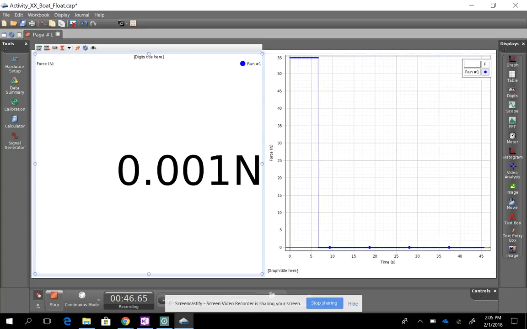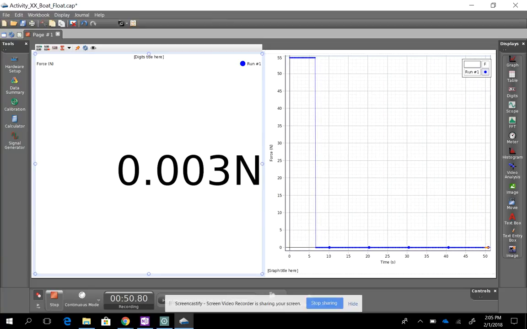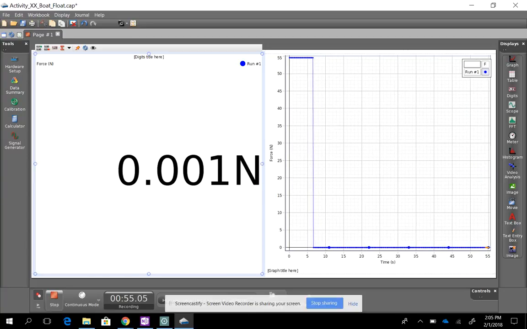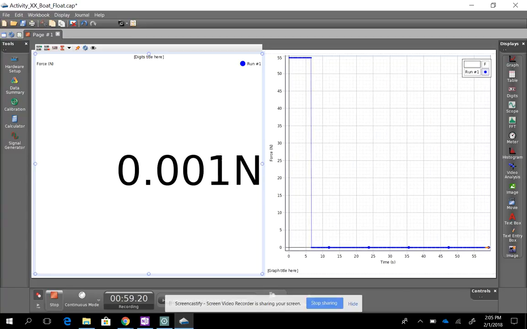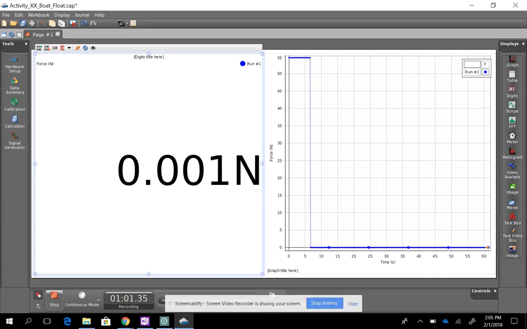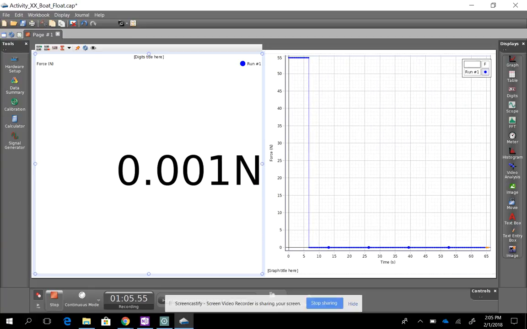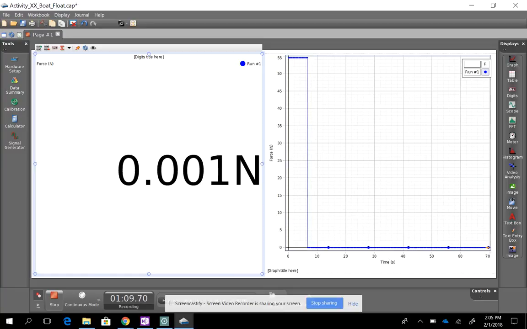Okay, so here's a set of masses. And I'm going to put a mass on there just to see what it measures. So this one is 100 grams. How much does a 100 gram mass weigh? In newtons, by the way.